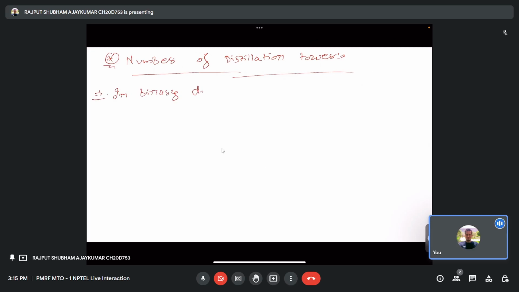In terms of binary distillation, one column is used to separate the components A and B into relatively pure components. So I'll just write it up.